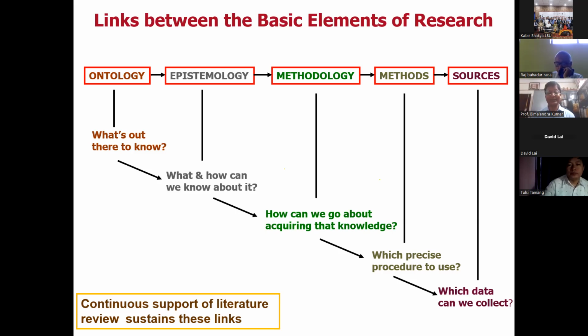These are also related with our Buddhist studies. If you go through the philosophical aspects, then you will see that ontology is related with what is out there to know. Ontology is to know about how things are happening in our day-to-day life, how events are taking place. Epistemology is a branch of philosophy.